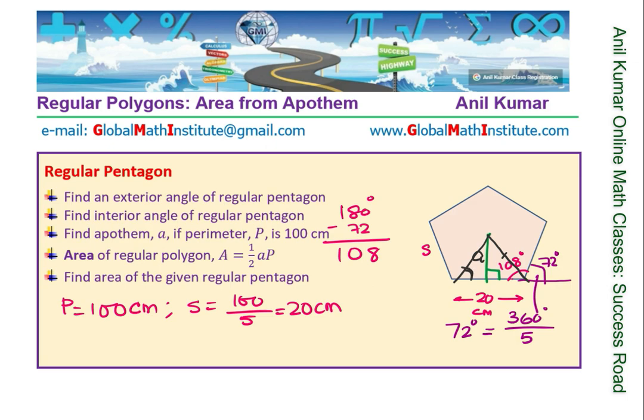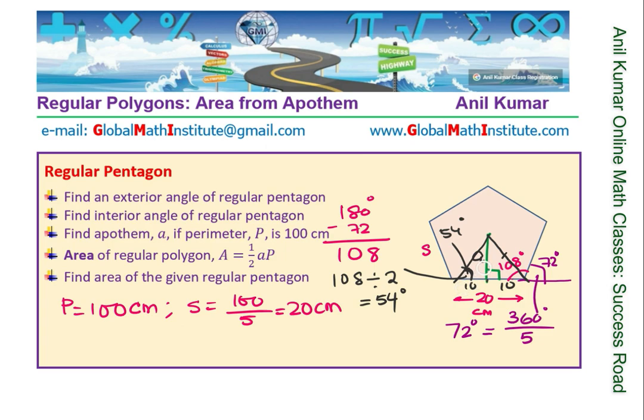So each angle here will be how much? Well, each angle here will be half of 108, right? So 108 divided by 2 is each angle, so which is 54 degrees, correct? So each angle here is 54 degrees. So we know this is 54 degrees, and the side 20 is the total length, so each part is 10, 10, correct? Now you can find apothem A using which ratio?